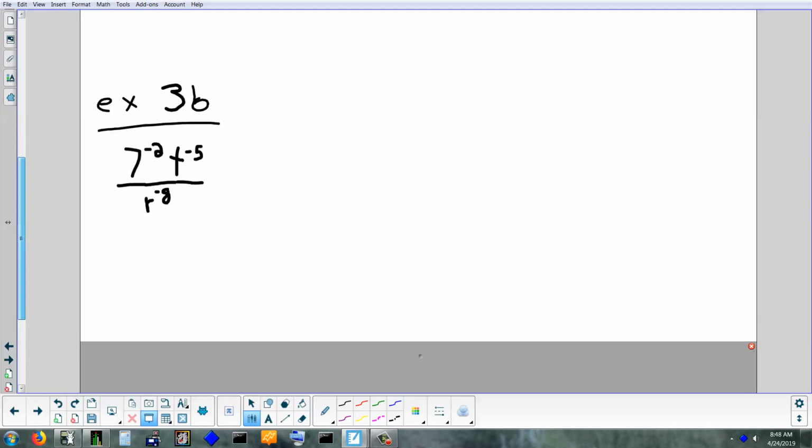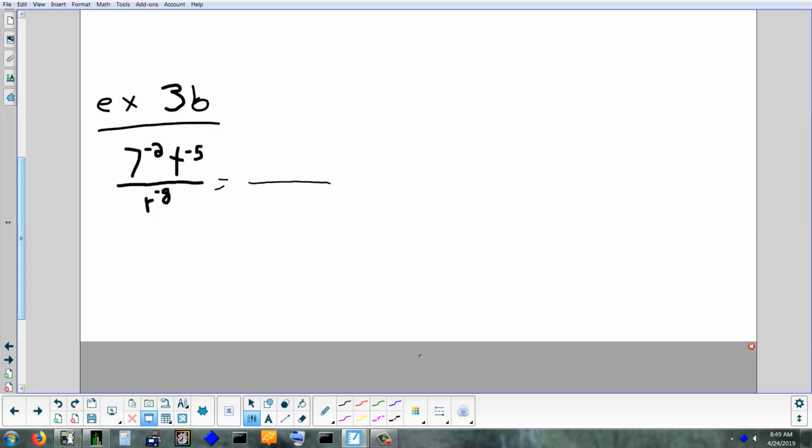This is 7 to the negative 2, t to the negative 5 over r to the negative 8. Yes. All right. So I don't have power to a power, like Miguel just said. There's no parentheses. Look on my line. I got nothing to the 0. There's no whole number or variable to the 0 power, so I don't have to cross any of those out.